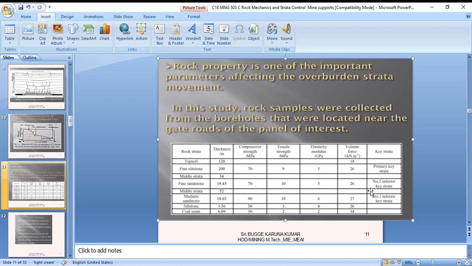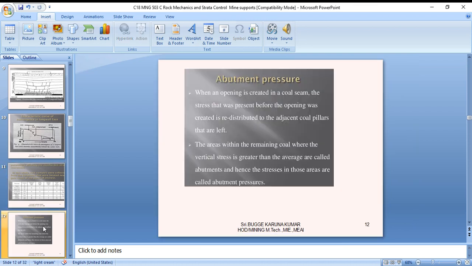Number 2, inferior key strata. Middle strata 52 and also medium sandstone, then fine sandstone and coal seams. So this is the borehole data used for calculation of RMR.